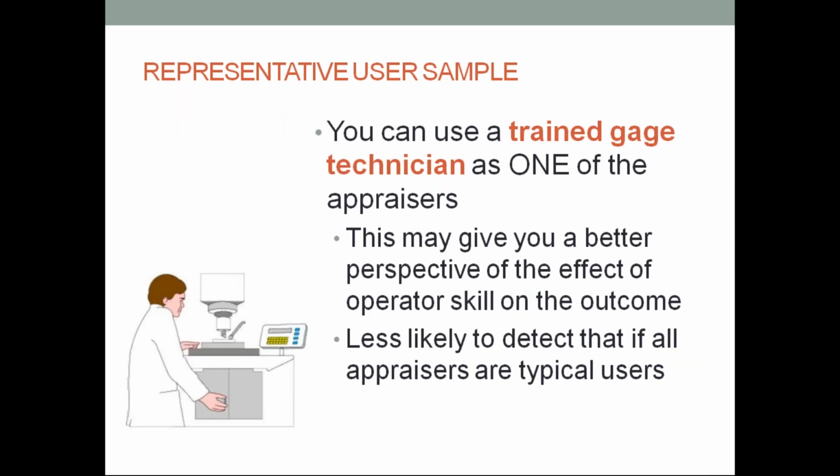You can use one trained gauge technician as a part of the appraisal, and when that comes in handy is it will give you a better perspective of the effect of operator skill on the outcome.